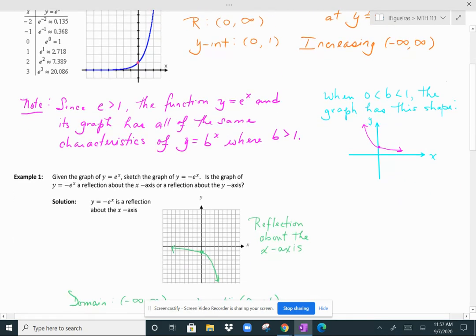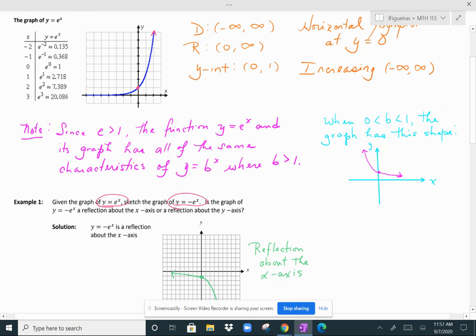So here we're given that we want to sketch the graph of y equal to negative e to the x, right? And remember, we just graphed this one above. That's the one there in the blue graph. Is the graph of y equal negative e to the x a reflection about the x-axis or a reflection about the y-axis?